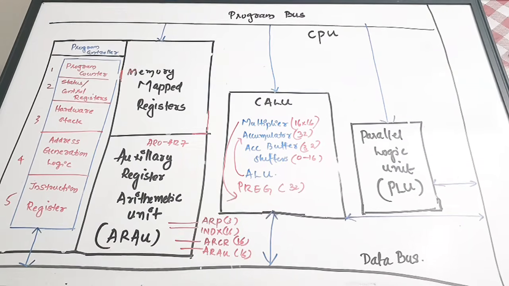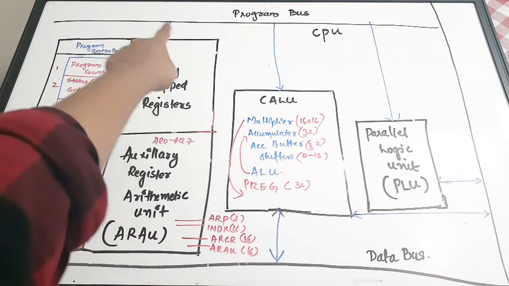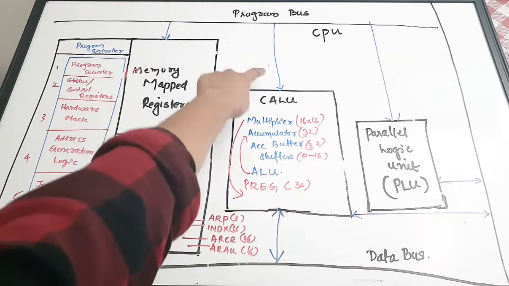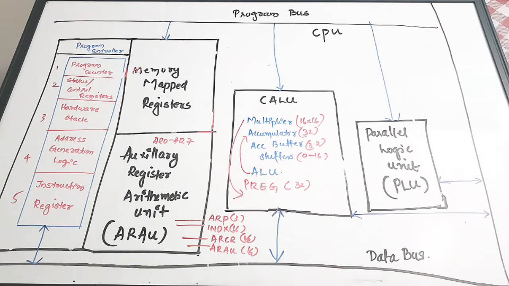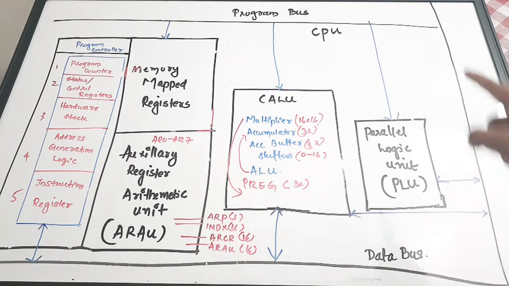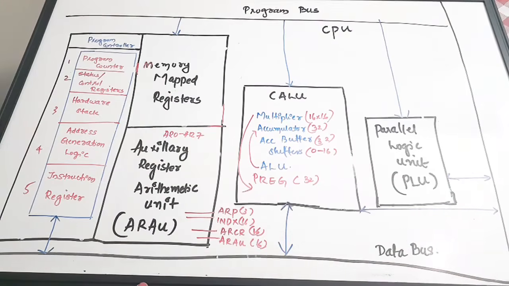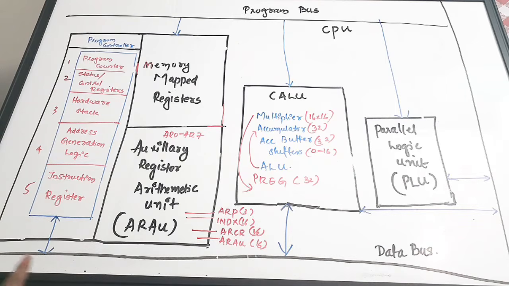You should also note that there is a connection from the program bus to the memory mapped register, to the CALU, and also to this PLU unit. And here this is the data bus, and there are connections from the data bus to the CALU and to this program controller. Why?